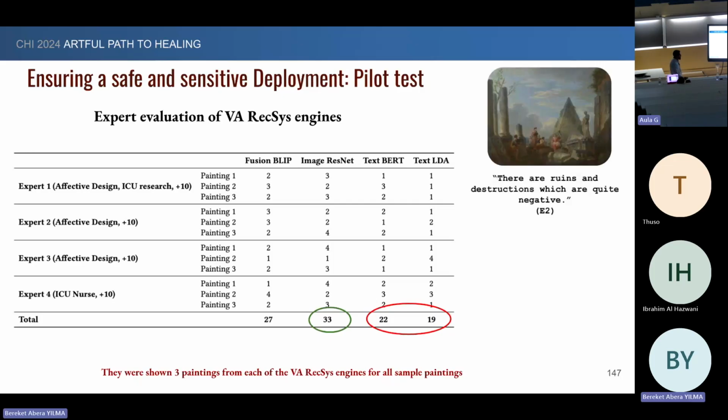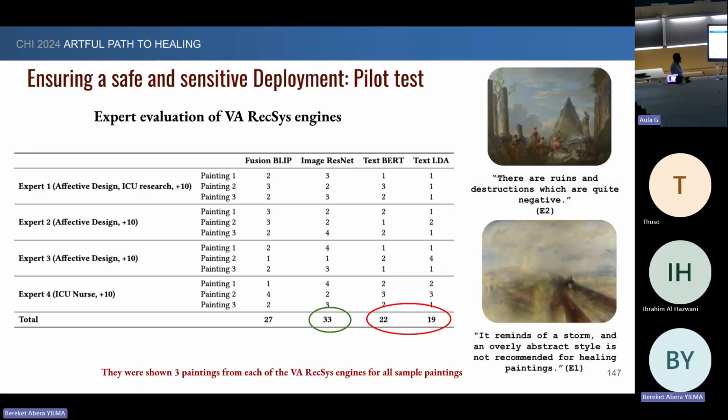Let's see an example. This is an example generated by LDA. One of the experts said there are ruins in this painting, which is not really good for someone recovering from trauma. Another example from LDA: storm.